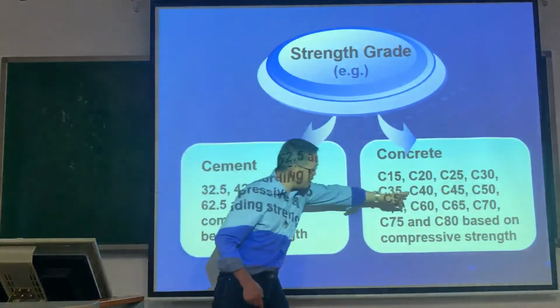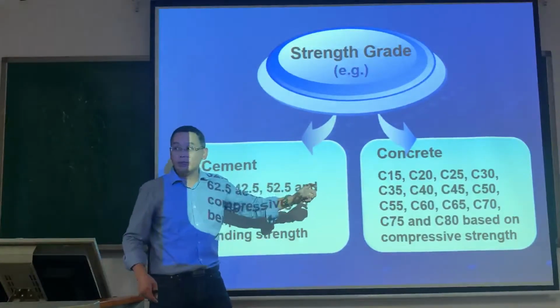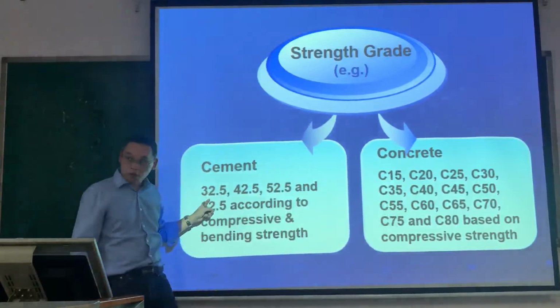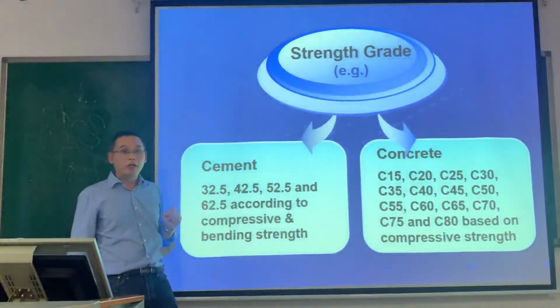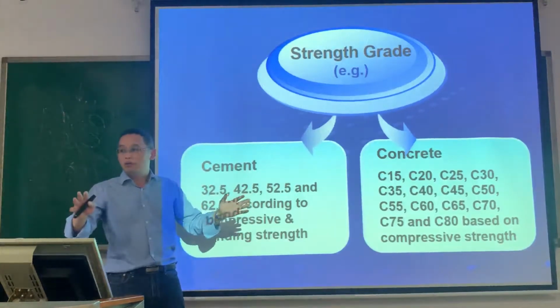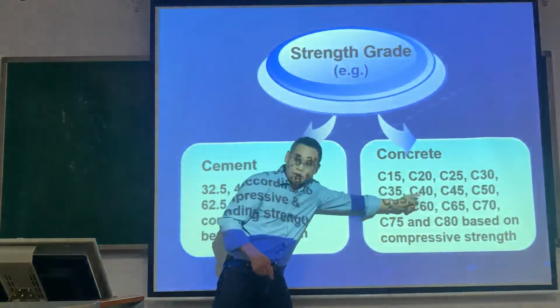If we want to get 40 of concrete, you cannot use 32.5. Maybe you just increase the amount of cement? No, it cannot. It cannot get 40.